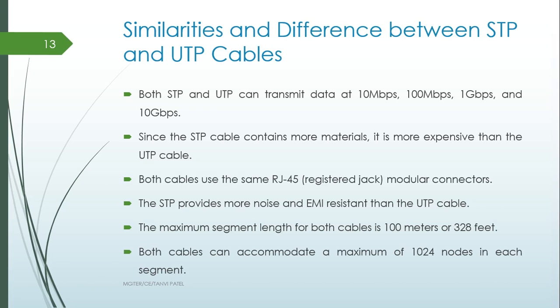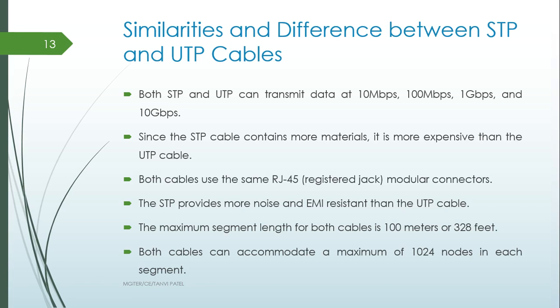Now, similarities and differences between shielded twisted pair and unshielded twisted pair cables. Both shielded and unshielded twisted pair cable can transmit data at 10 Mbps, 100 Mbps, 1 Gbps and 10 Gbps. Since the STP cable contains more materials, it is more expensive than the UTP cable.